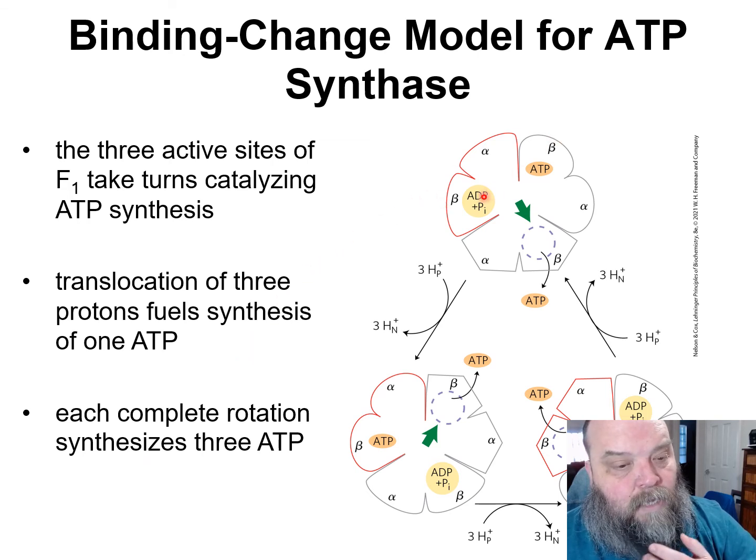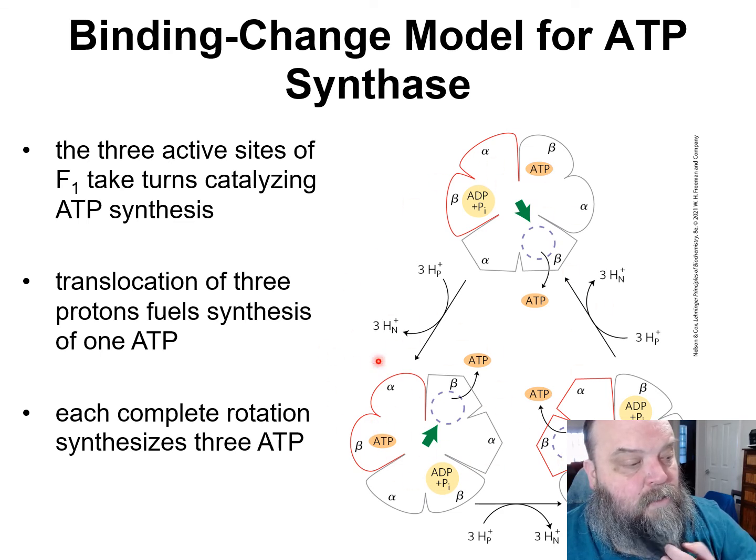So the betas: adenosine diphosphate, ATP, empty, and it'll just go through. ATP is released. It's now in an empty state. It'll loosely bind ADP, becomes ATP tightly bound, released, and it just keeps going through.